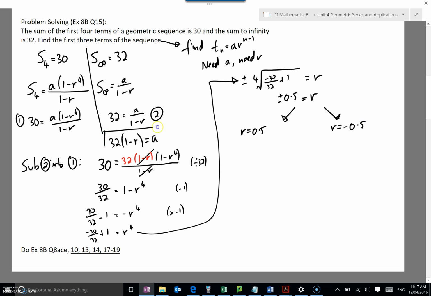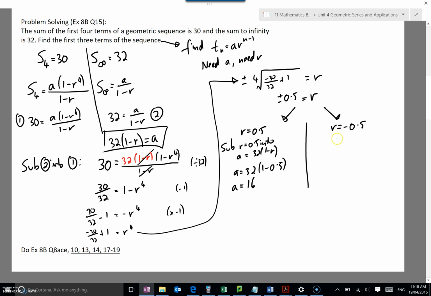So I've got this formula that I rearranged for a. I'm going to use that to find a now that I know the r value. So sub r equals 0.5 into a equals 32, 1 minus r. So 1 minus 0.5, I'll get the first term is 16.